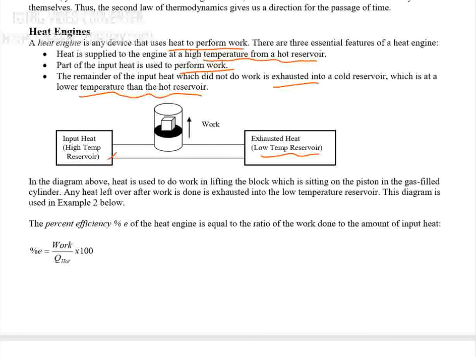In the diagram above, heat is used to lift the block which is sitting on the piston of the gas fitted with a cylinder. The heat left over after work is done is exhausted into the lower temperature reservoir. This diagram is used for example 2 below.